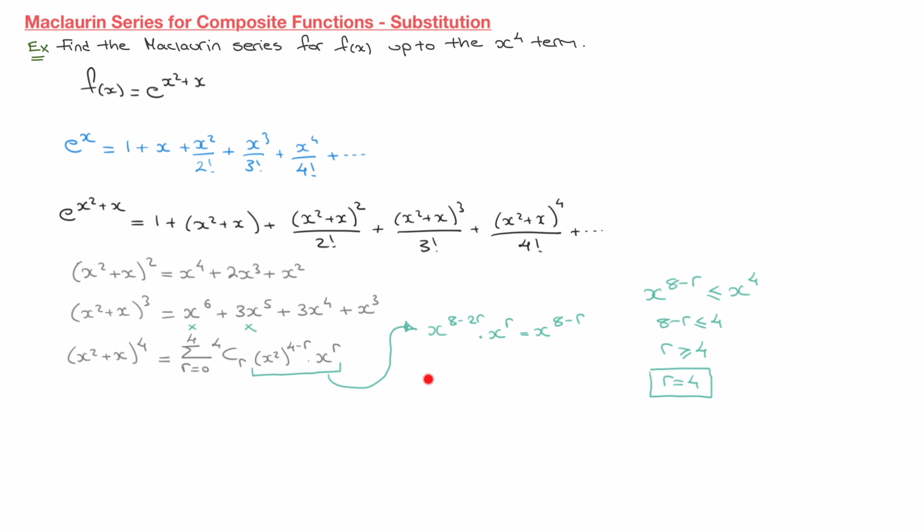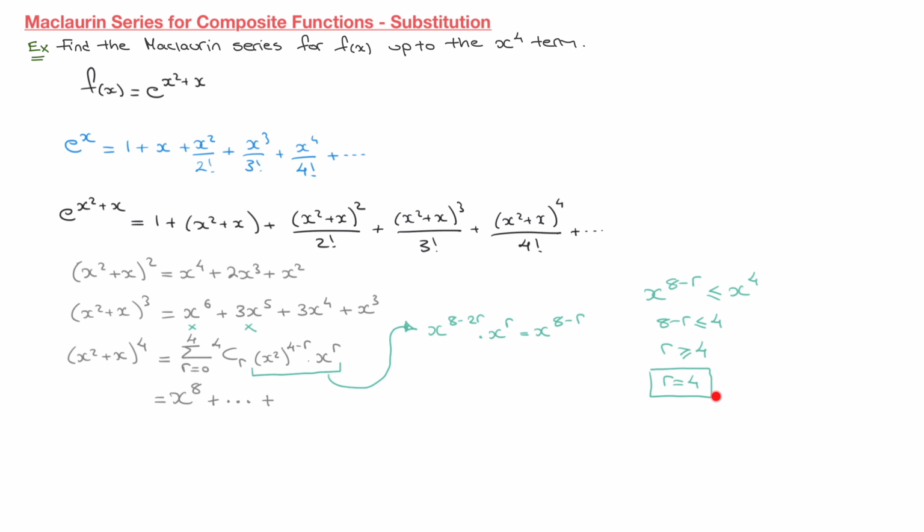And so after doing this type of working, what I like to write here is that this equals the very first term we'll get, which will be x squared raised to the power of 4, so that would be x raised to the power of 8, plus 3 dots, plus the term or terms that we'll be keeping. And again, we'll only be keeping one.